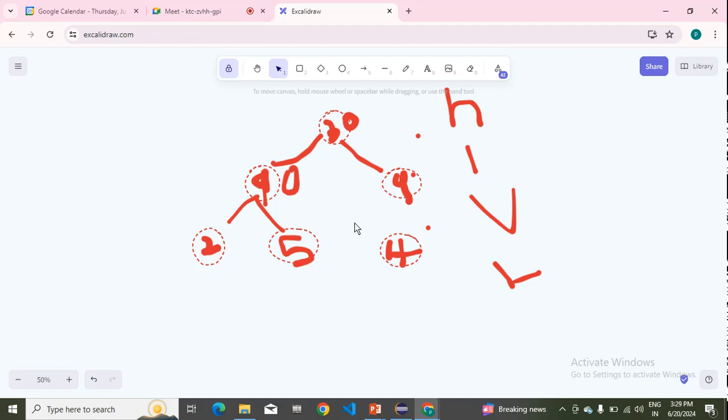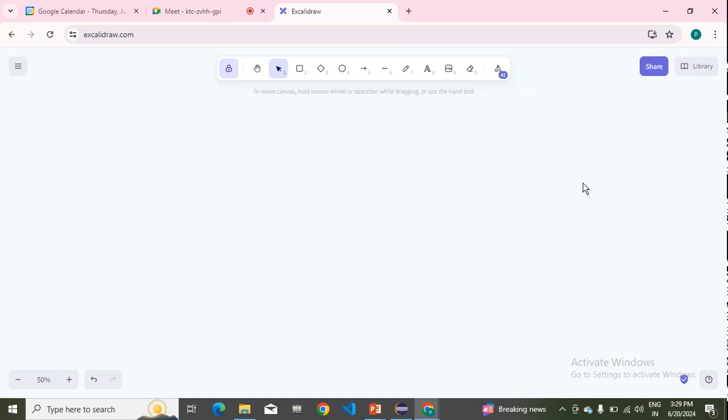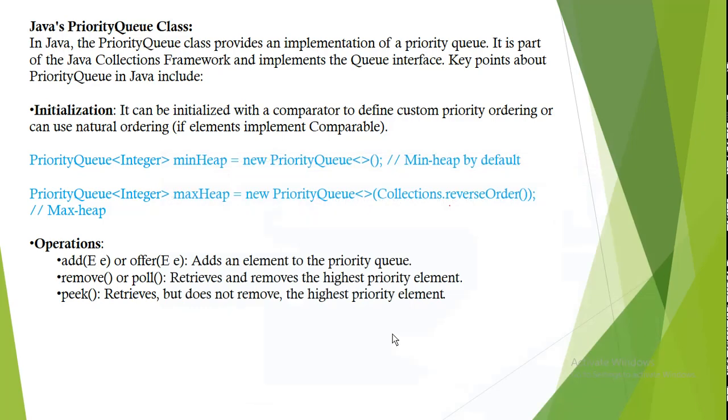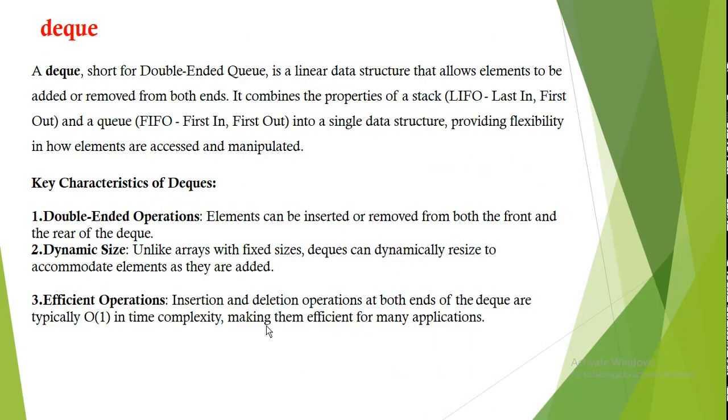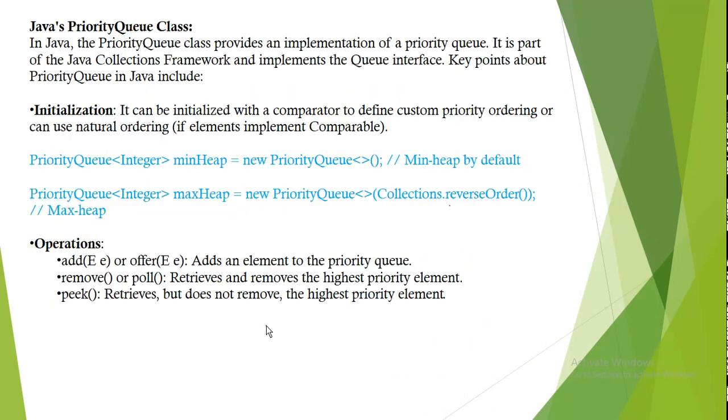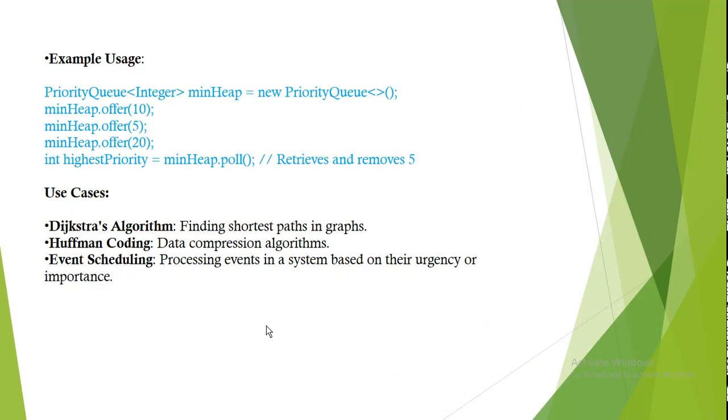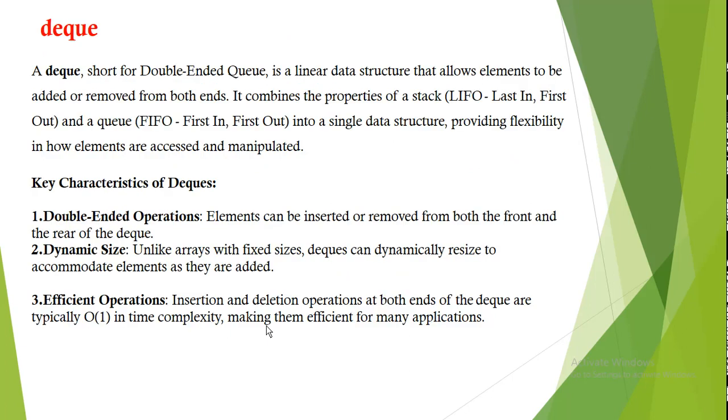I'll just delete this. Yeah. So coming to the next point, you can also go with this example. How do we declare it? So coming to the next point, that is nothing but the DQ. There is another concept called DQ. DQ is also an interface itself.